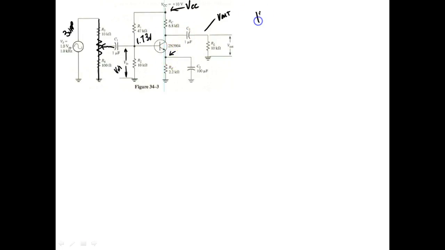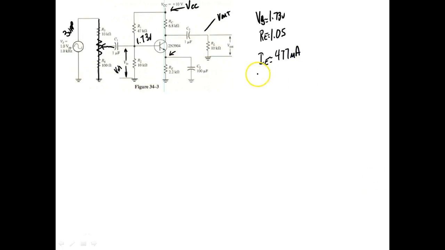So we measured VB to be 1.73 volts. We measured VE to be 1.05. And then IE, we came up with IE was what? 477 microamps.